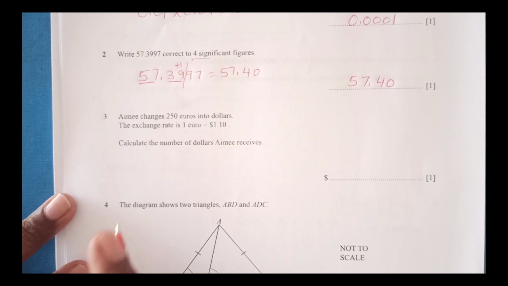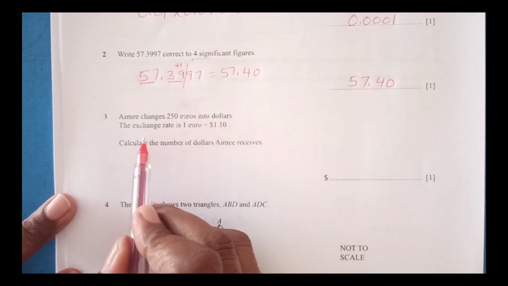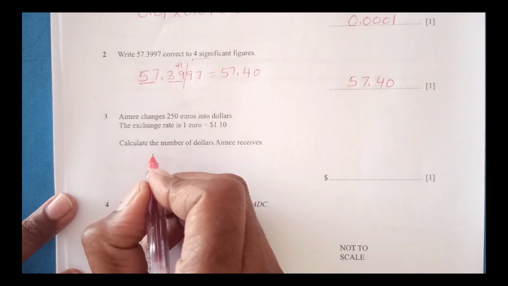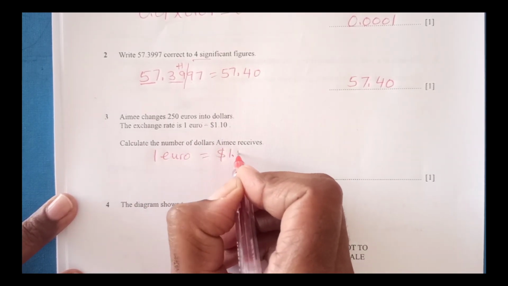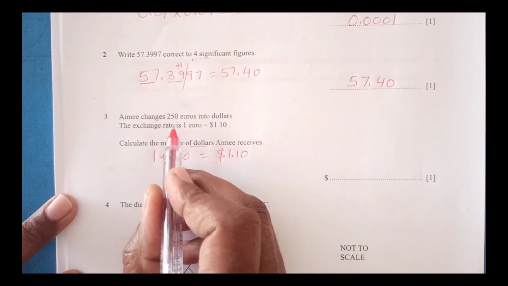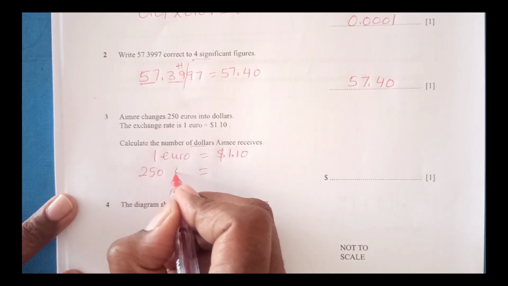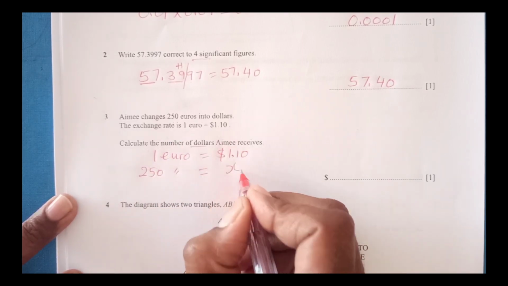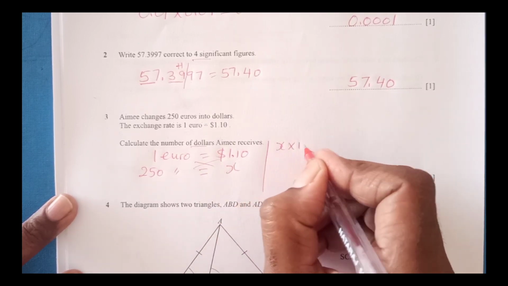Now number 3: Amy changes 250 euros into dollars. The exchange rate is 1 euro is $1.10. Calculate the number of dollars Amy receives for 250 euros. So 250 euros, we are going to write down here how many dollars. So cross multiply. You are going to get x times 1, that is x.